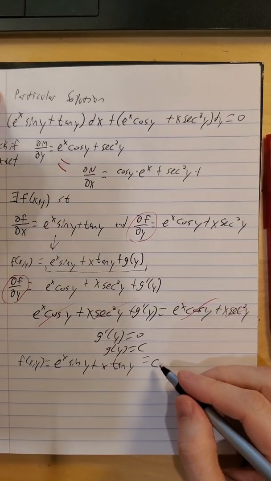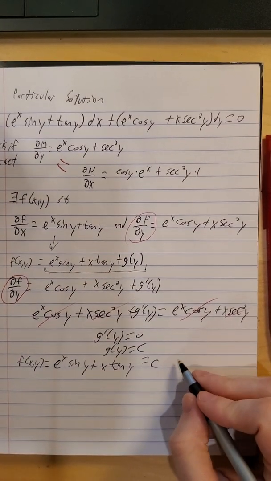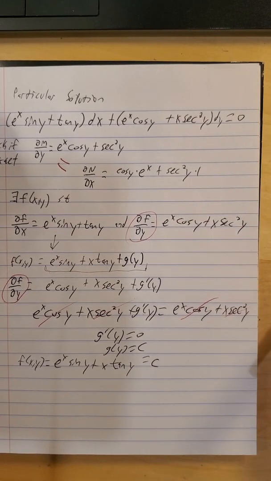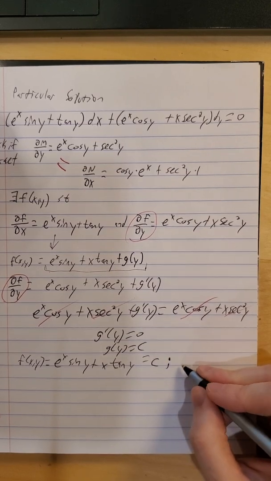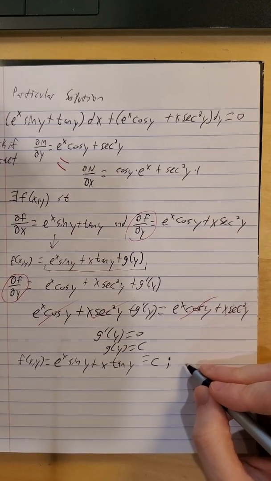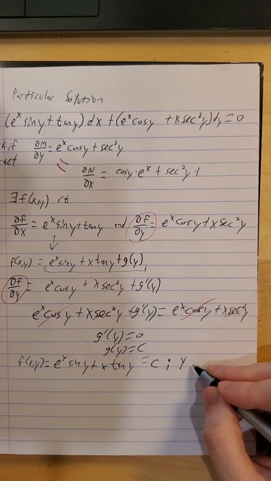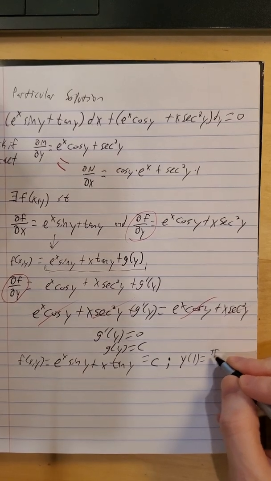I mentioned that we're going to have a particular solution to this, though. Right now we just have an implicit solution. If they want a particular solution, then they're also going to give us some initial conditions. So for this one, they'll give us, what did I pick out? y of 1 is worth pi over 4.